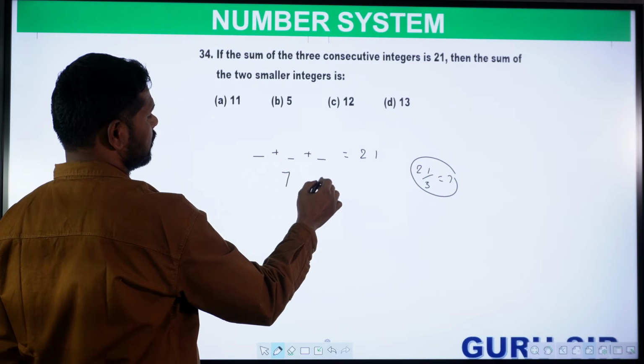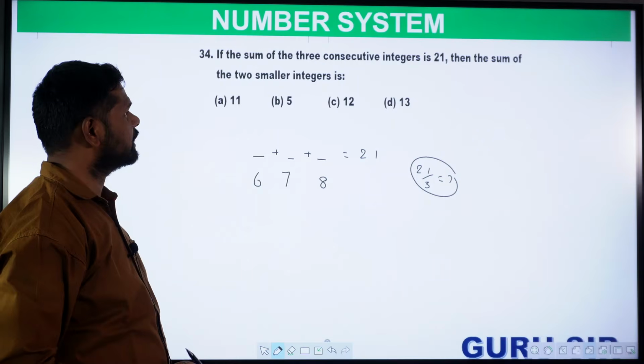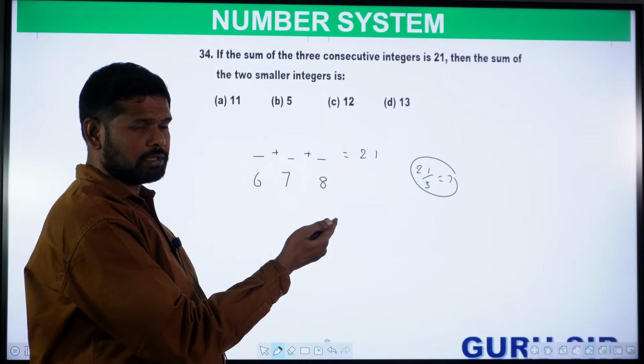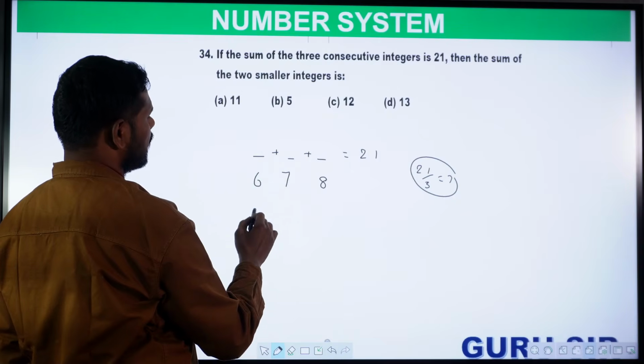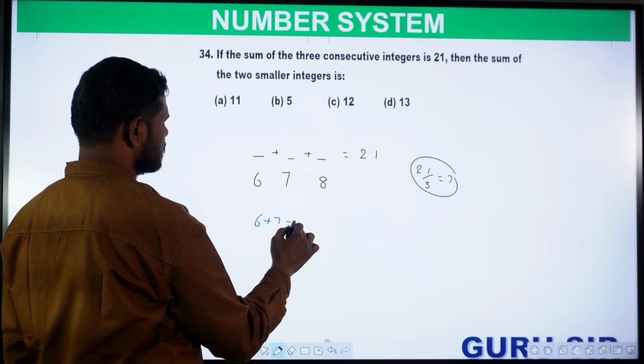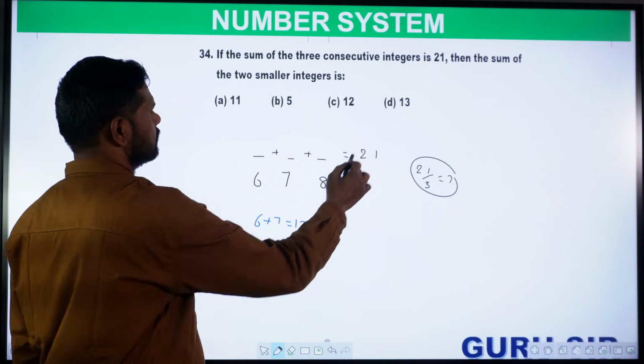The largest is 8 and the least one is 6. The three consecutive integers are 6, 7 and 8, so the sum of the two smaller integers, 6 plus 7, equals 13. That is the answer.